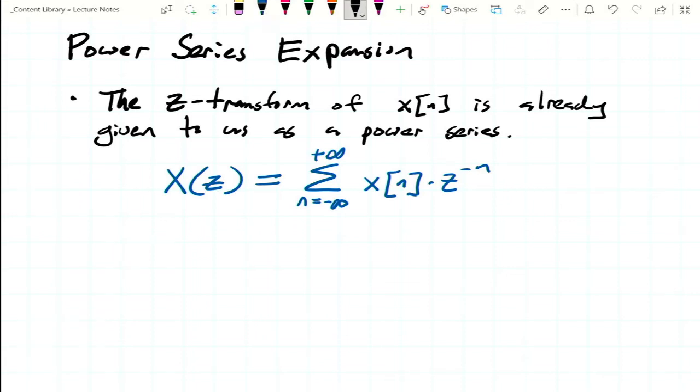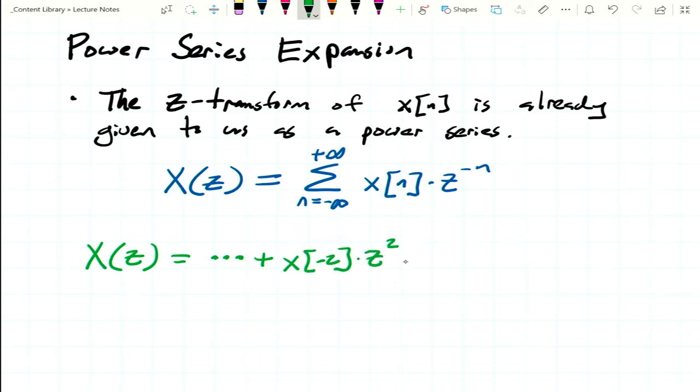Which means that if we were to expand everything out, x of z would be equal to some stuff plus x of negative 2 times z squared plus x of negative 1 times z plus x of 0 by itself. That's going to be important.